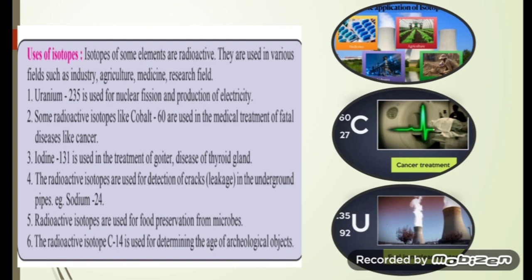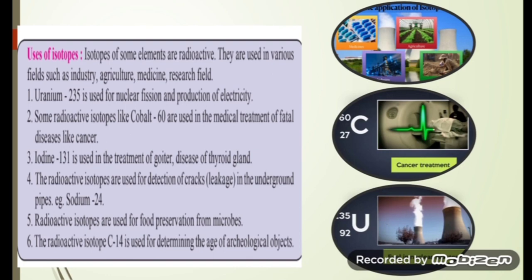Radioactive isotopes are used for the detection of cracks, that is leakage, in underground pipes, for example sodium-24. Radioactive isotopes are used for food preservation from microbes. Lastly, the radioactive isotope C-14 is used for determining the age of archaeological objects.